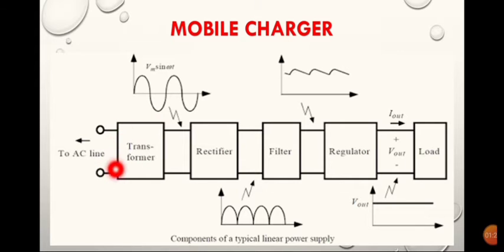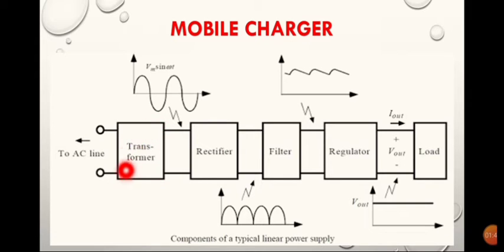The first block is known as transformer, then you have rectifier, then filter, then regulator, and this is the load. Load means, suppose, your mobile or mobile battery. I am going to explain these blocks one by one.